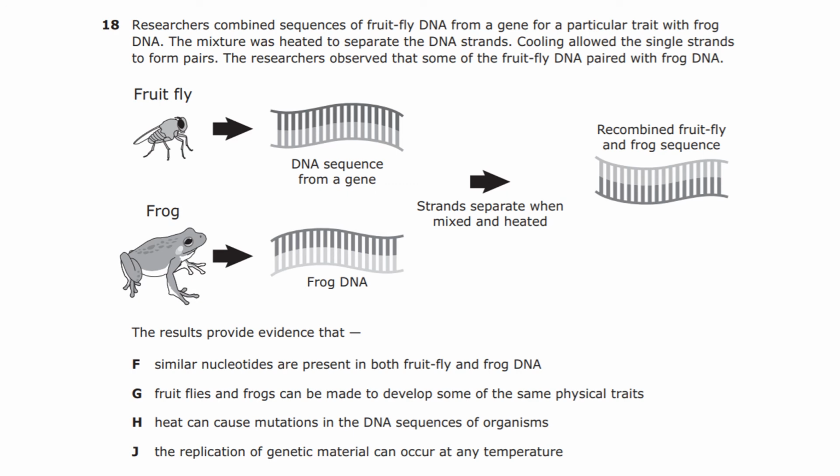Actually, heat doesn't usually cause mutations. It either destroys the DNA or it causes it to separate into two strands. And J, the replication of genetic material can occur at any temperature. This doesn't tell us what temperature they heated it to or anything else. So I would strike that one off just because it doesn't give that detail in the problem itself.